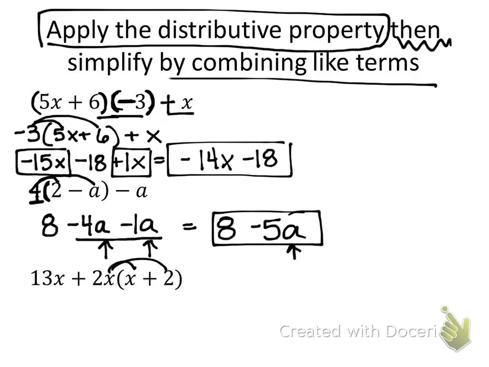So I distribute that 2x. Now I've got 13x plus, what's 2x times x? 2x squared. Now you may say, okay, hold on a second. You just told me that whenever I have the like terms, that has to stay in my answer.